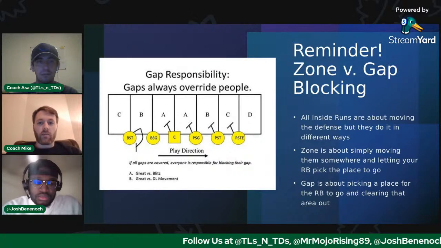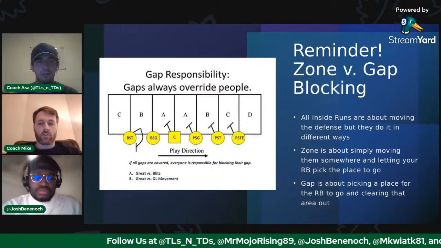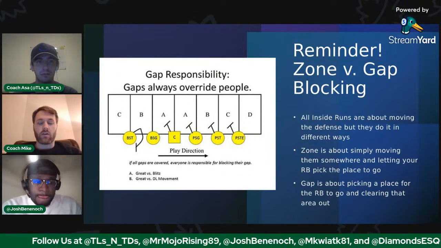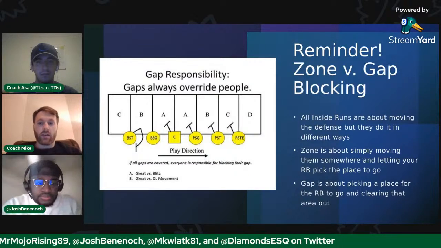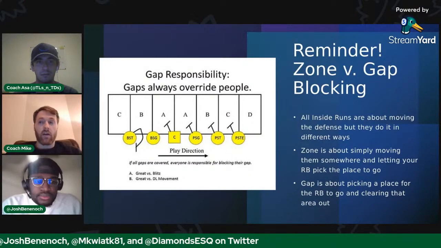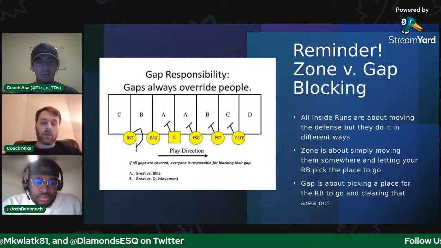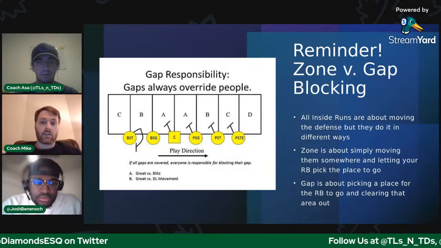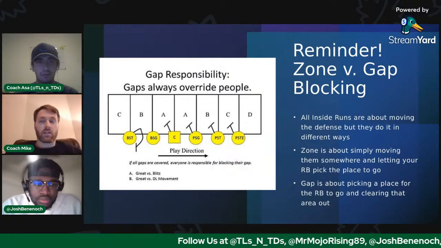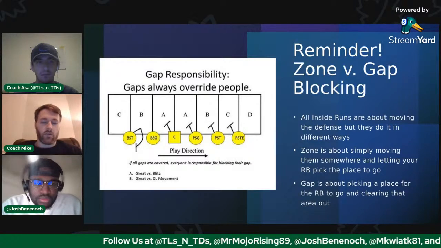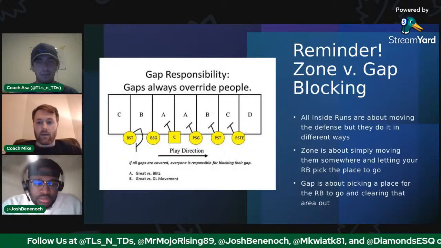You're on a track moving in a certain direction, and one of our coaches would always say, take your defender wherever he wants to go. If you end up locking onto somebody and he wants to stay inside, take him there. If he wants to continue to work outside to set the edge, you can take him there. You're looking for movement, and this movement creates gaps where hopefully your running back ends up seeing it and hitting big plays.